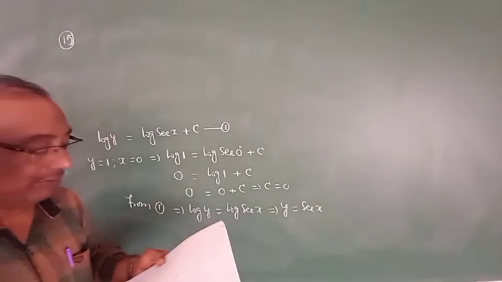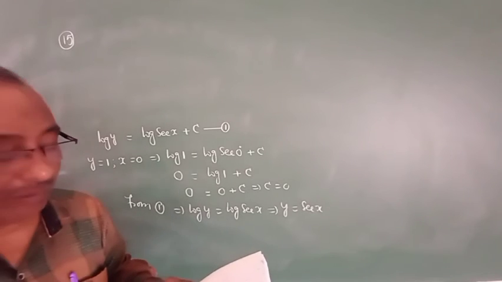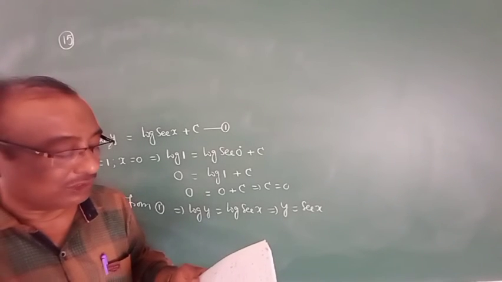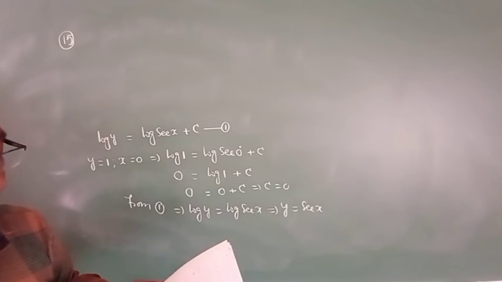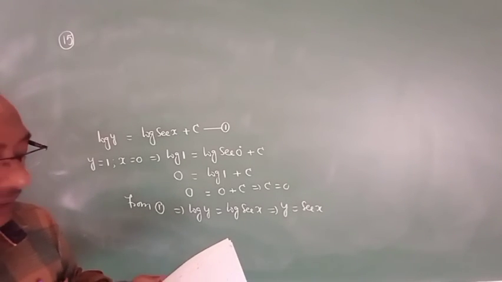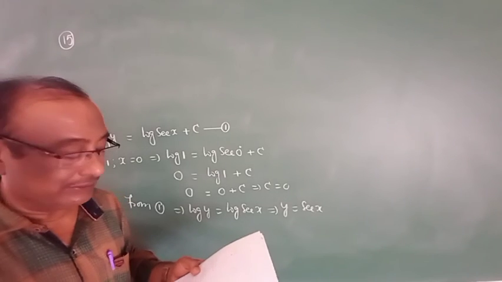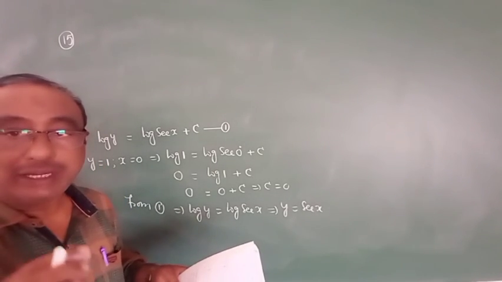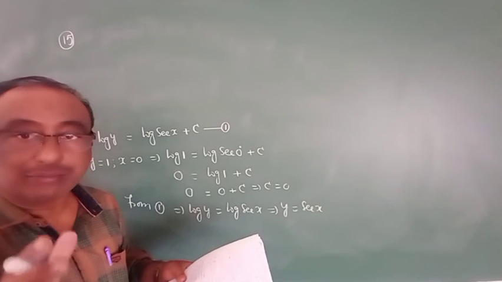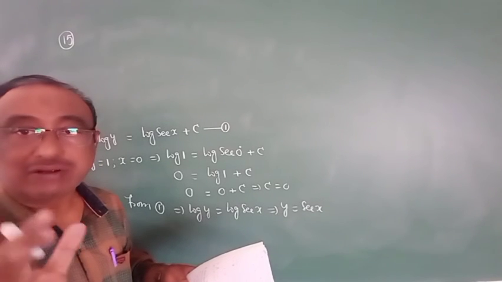Find the equation of a curve passing through the point (0, 0) whose differential equation is y dash is equal to e power of x sin x. Once again I am going to read the problem. Find the equation of the curve. Curve equation is required.